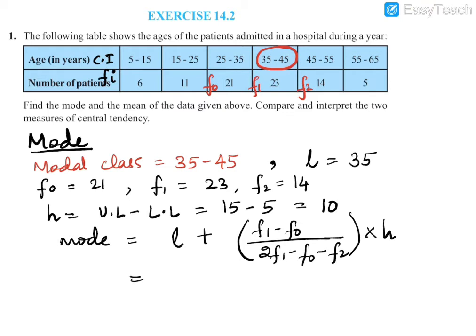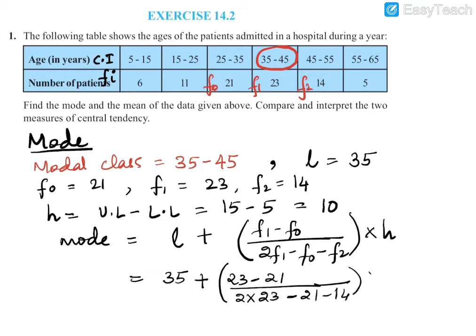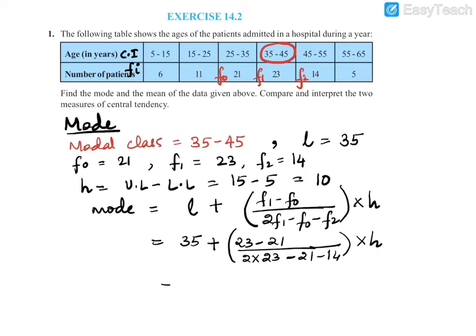So let's substitute this data. 35 plus, in brackets, 23 minus 21 divided by 2 into 23 minus 21 minus 14, in brackets, H. So this is equal to 35 plus 2 divided by 46 minus 35 into 10.